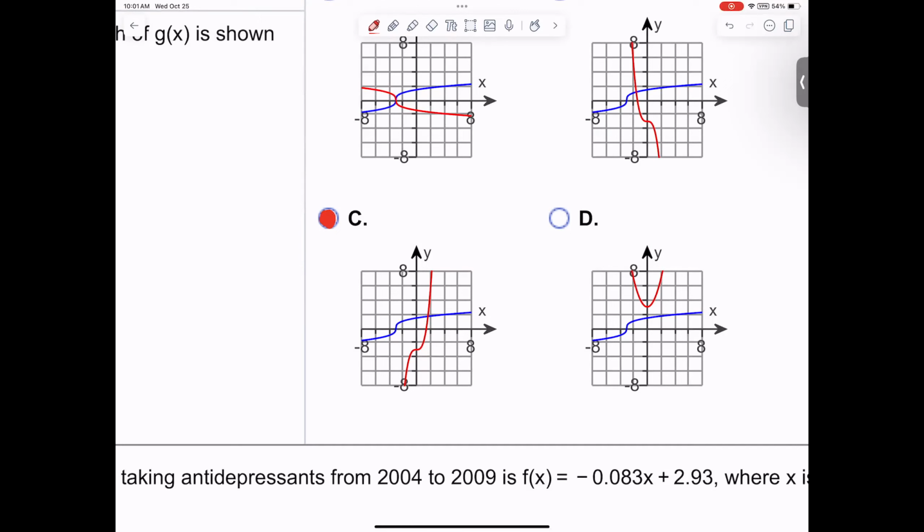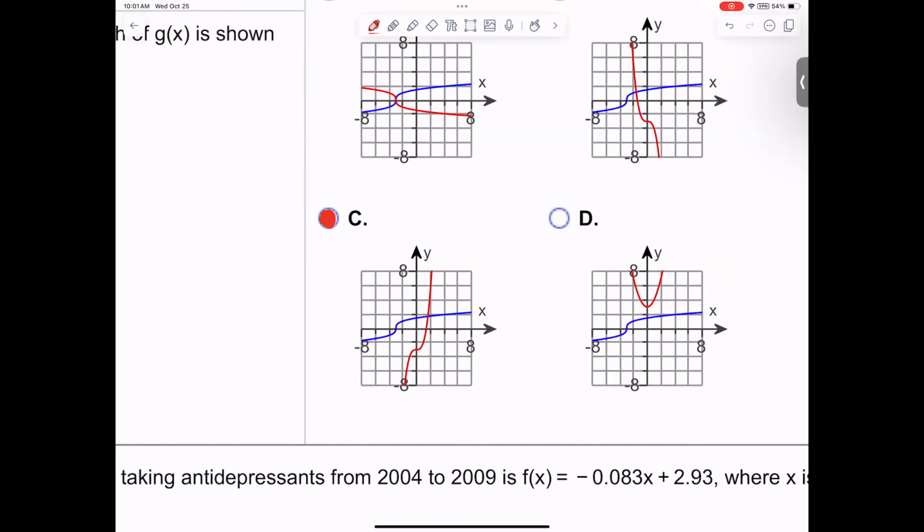The other way you can tell it's the inverse is by simply looking at a particular X and Y value. Looking at the blue graph, it appears to have an X-intercept at maybe -1.5. So its inverse must have a point at Y equals -1.5.